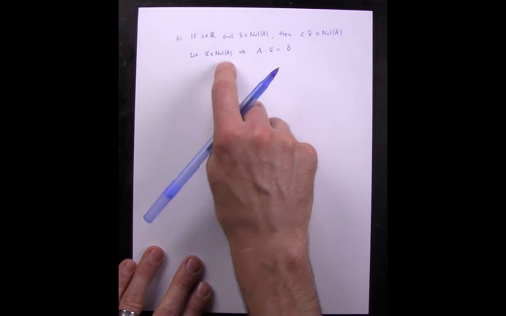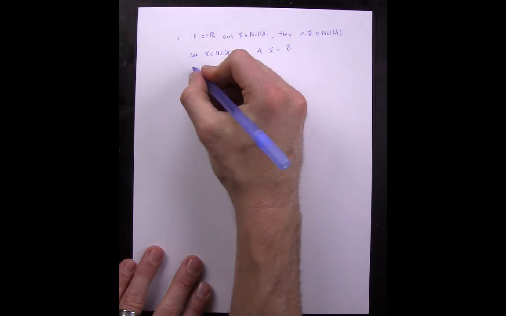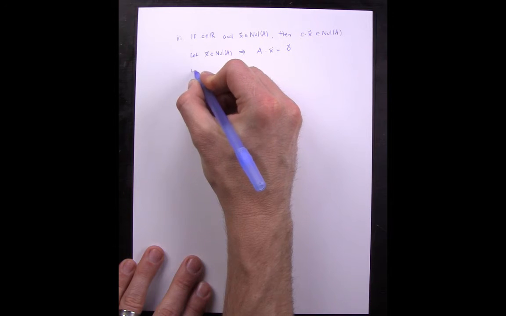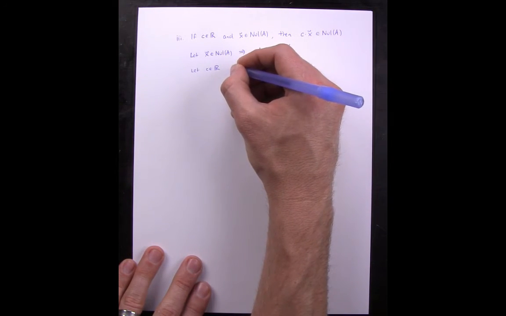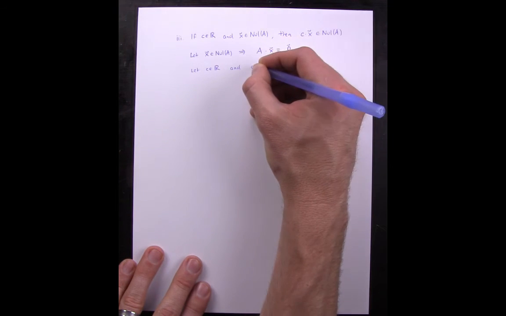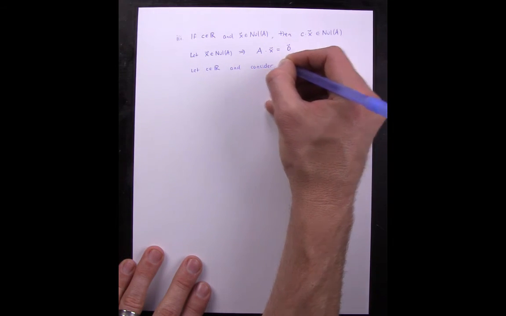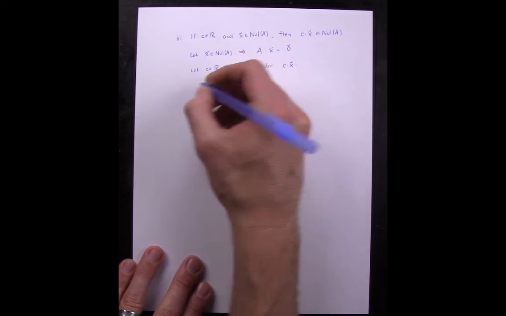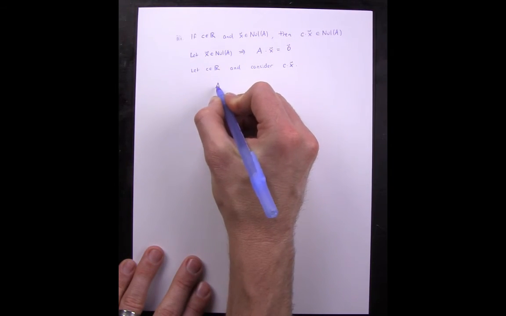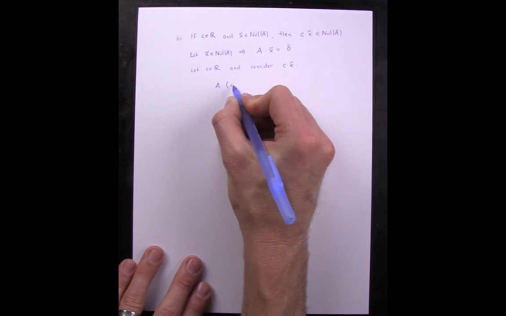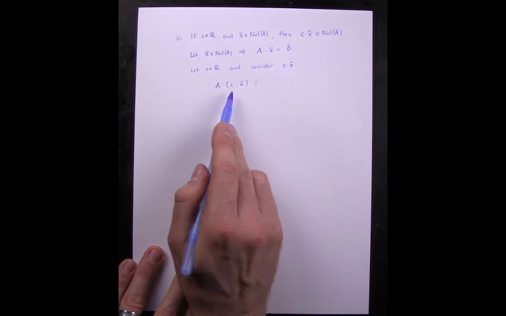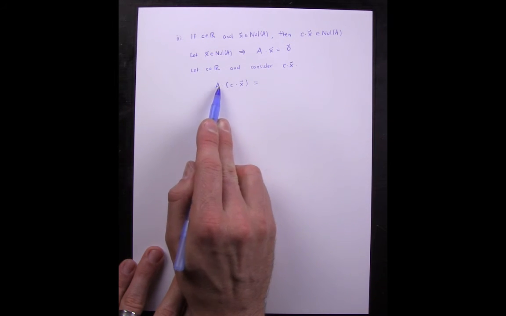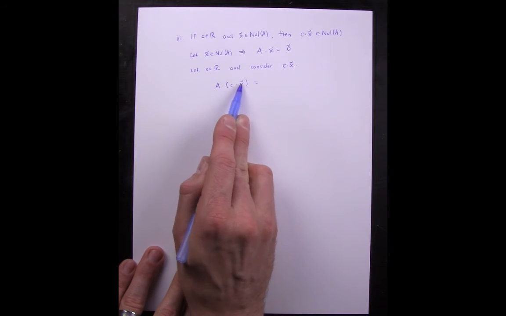That was the definition of what the null space was. And now what we want to do is consider a scalar multiple times x. If we take A times this scalar multiple c times x, we want to show that this is equal to 0. If so, this vector multiplied by A would produce 0, and we could conclude that this is in the null space.